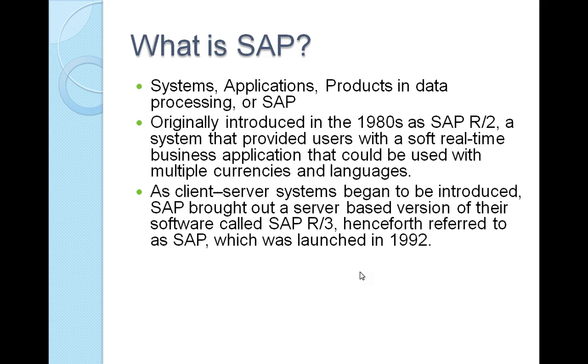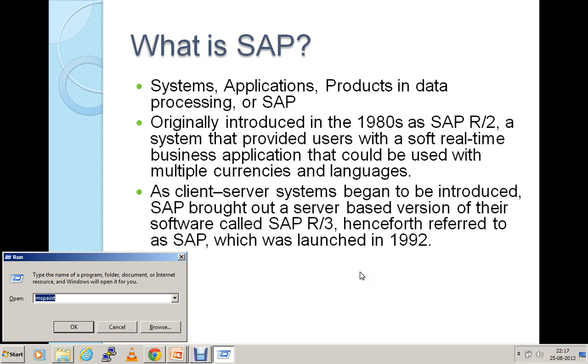As client-server systems began to be introduced, SAP brought out a server-based version of their software called SAP R3, or three-tier architecture, henceforth referred to as SAP, which was launched in 1992. So what is a client-server architecture?